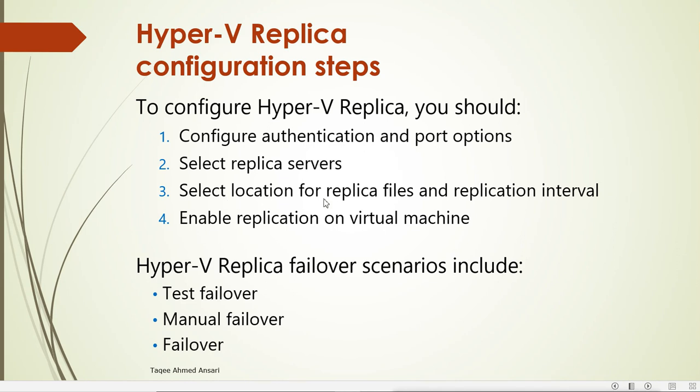Then select the location for replica files and the replication interval, and then enable the replication on the virtual machine. After enabling the virtual machine replica, we can do these scenarios: test failover, manual failover or failover. These are the test scenarios which we can use to see whether our Hyper-V replica is working or not.